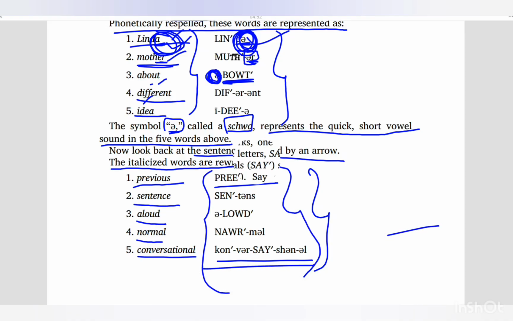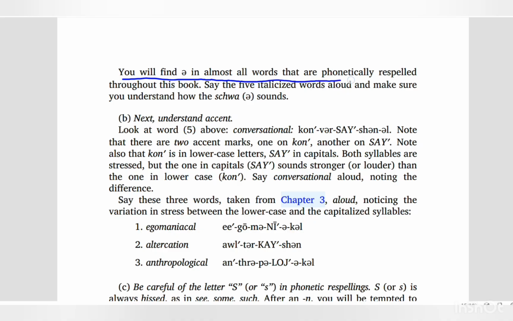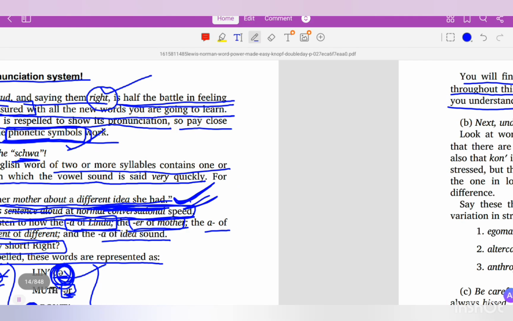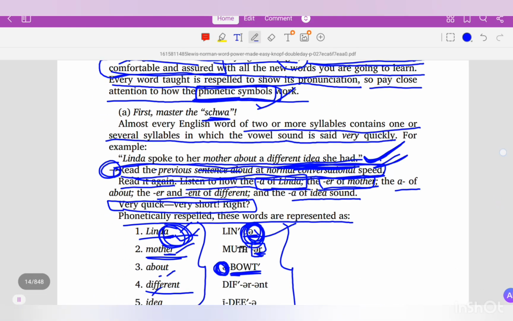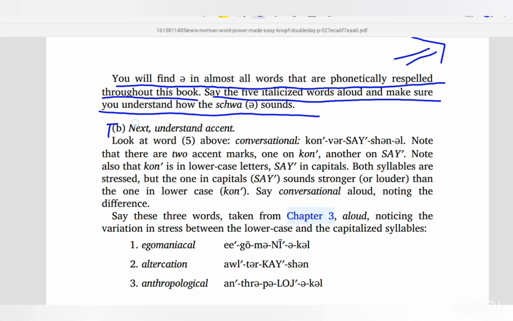So let's begin. You will find schwa in almost all words that are phonetically respelled throughout this book. Say the 5 italicized words aloud and make sure you understand how the schwa sounds. You have to speak those 5 words aloud that we saw right here. Okay, now we move on to the next thing.